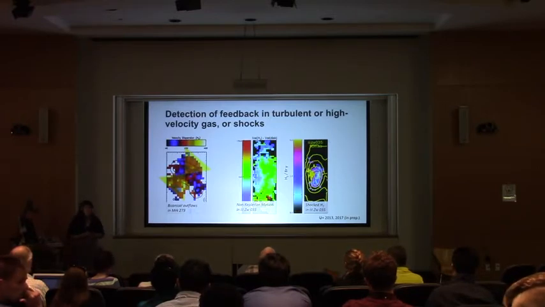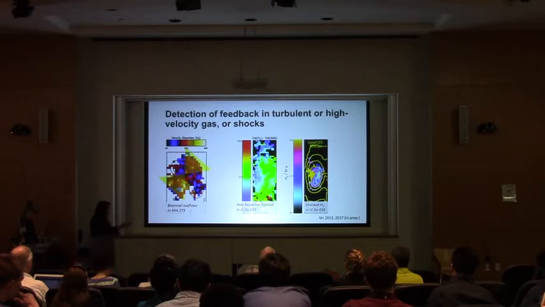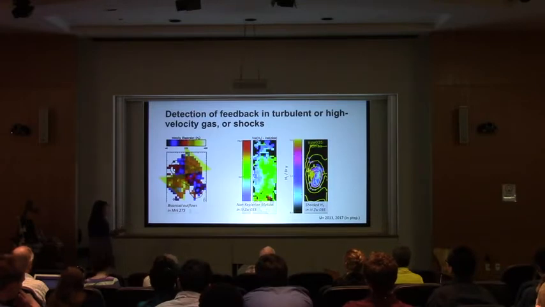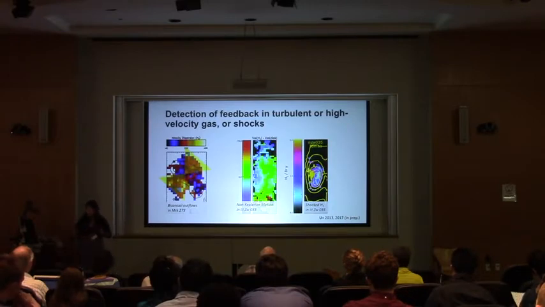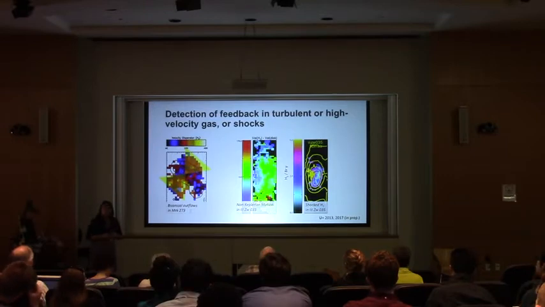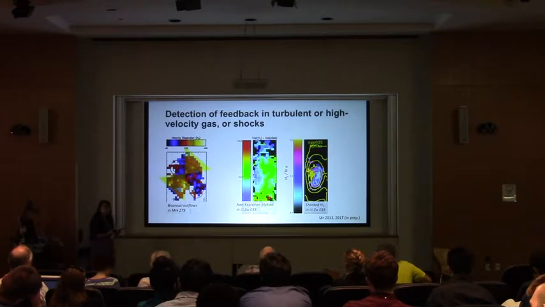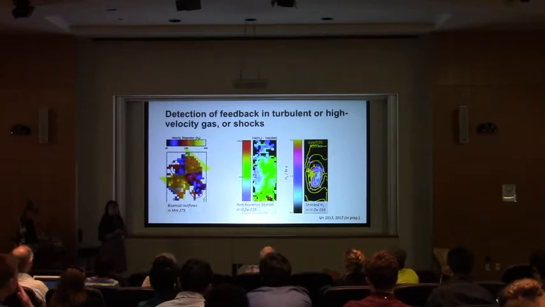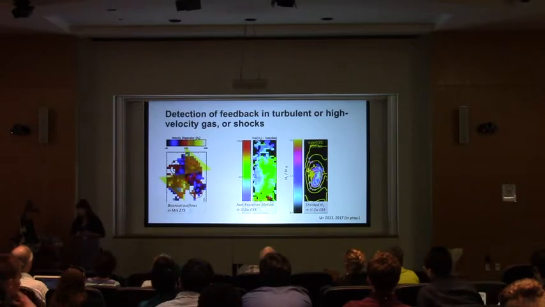And we can also see some shocked molecular hydrogen in this same system, where the H2 over Brackett gamma ratio basically tells us where the shocked molecular hydrogen is. So with this method, in our 20-some objects so far, we've detected maybe 4 really good cases of shocked outflows coming out of the center, and maybe a few more good candidates that we're going to do more follow-up observations on.